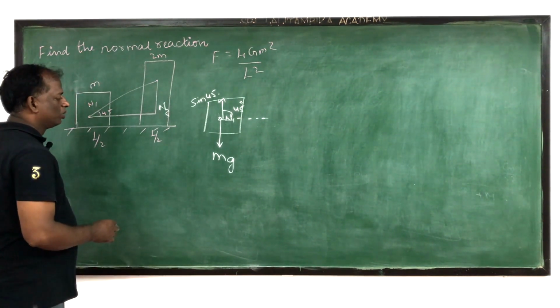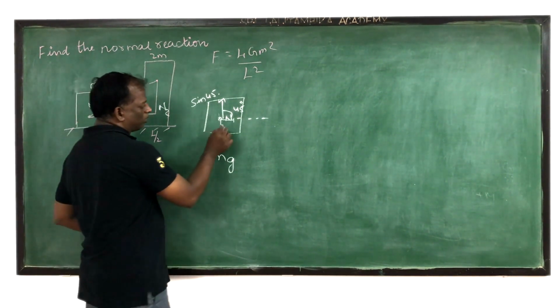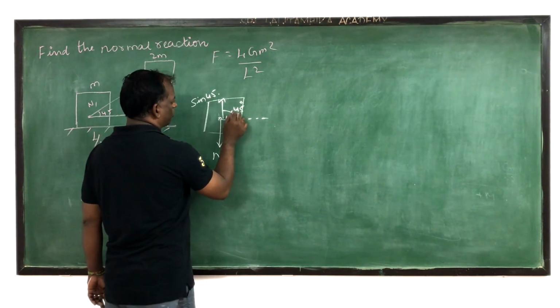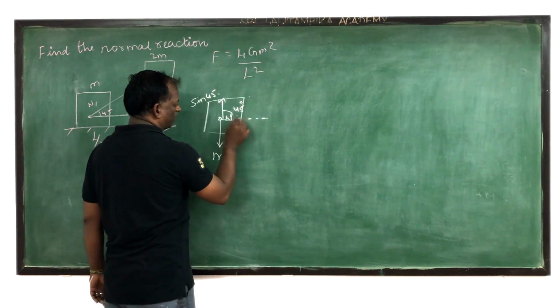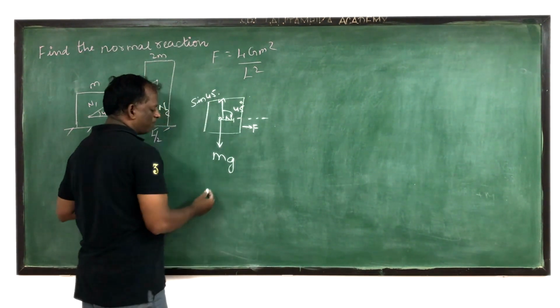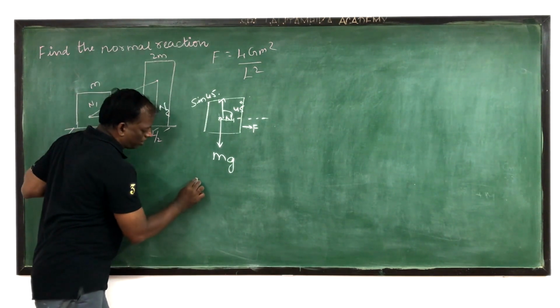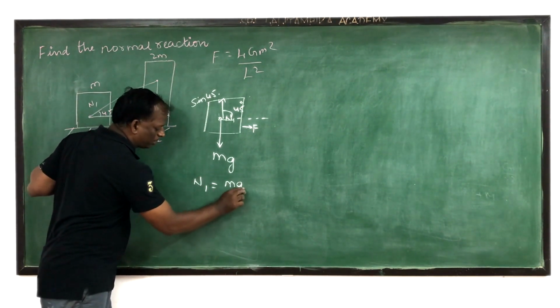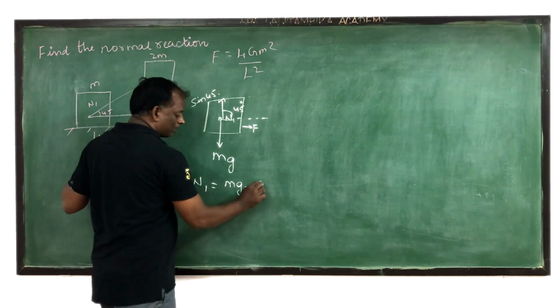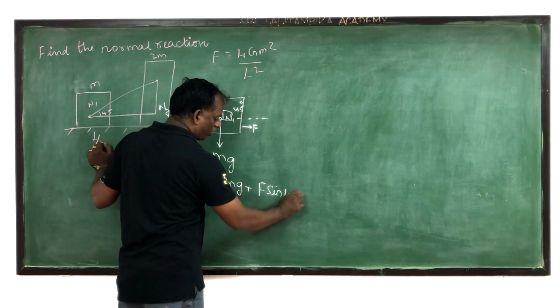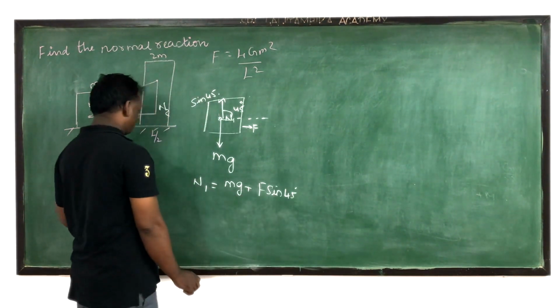N1 is equal to, the force will also be acting in this direction, the perpendicular component is F. So we can write N1 is equal to mg plus F sin 45 degree.